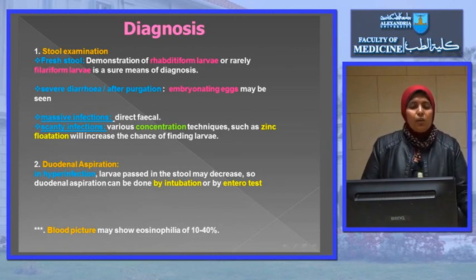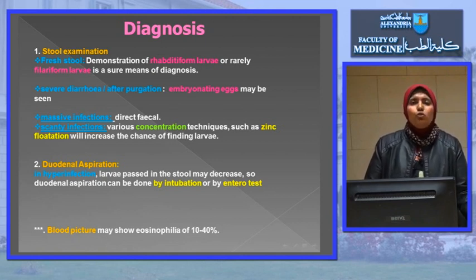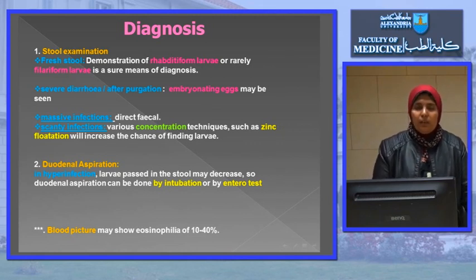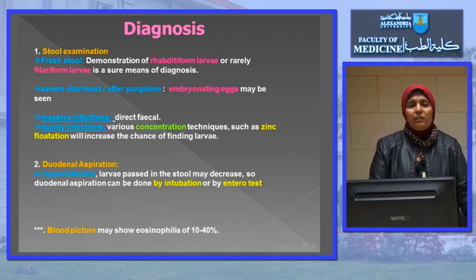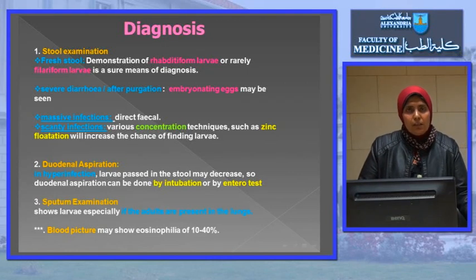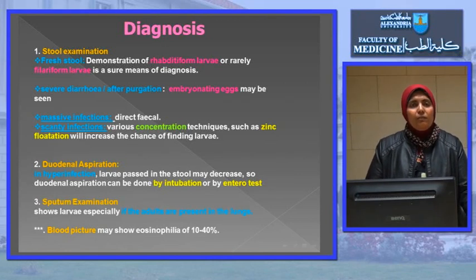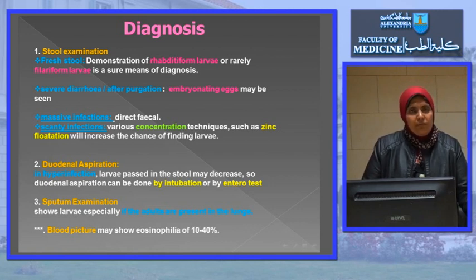In this case, we can do intubation, the string test, or the Entero-Test in order to reach the small intestine to detect the presence of the rhabditiform larvae. But can we diagnose the case from any other organs? Yes. If we take sputum analysis during the migratory phase, we can find filariform larvae.